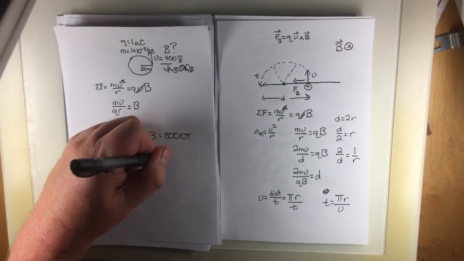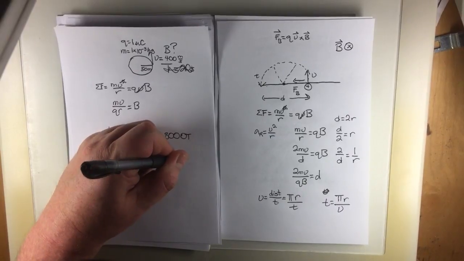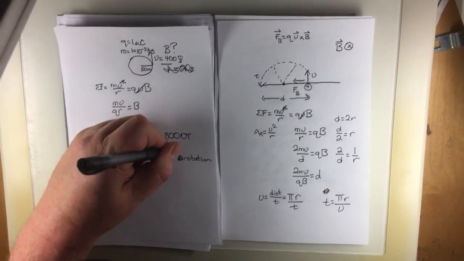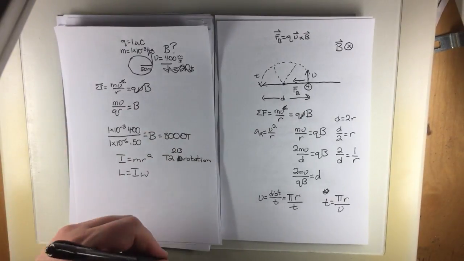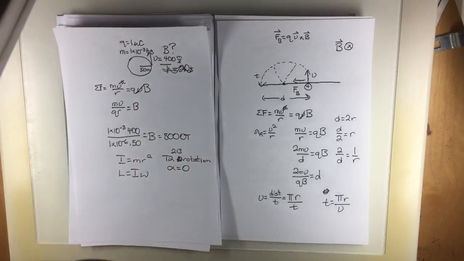So look at test 2 rotation from 213 and look at where alpha is equal to 0. It's not that much, and the equations that you need, if it's on the test, will be in the equation section.